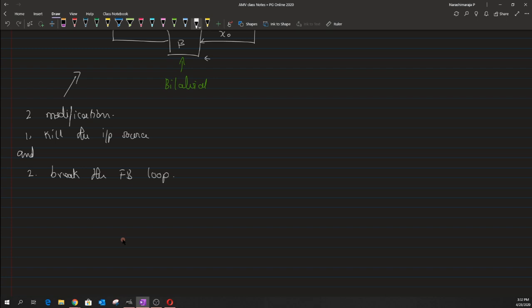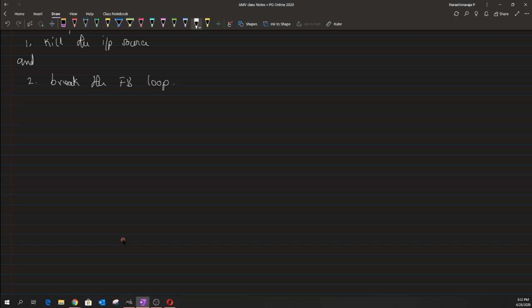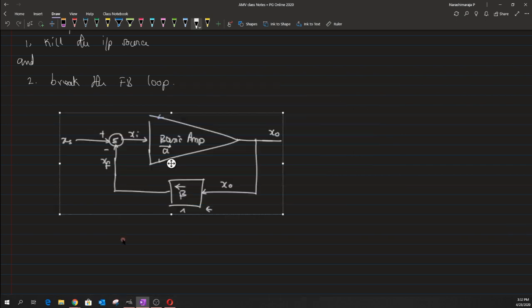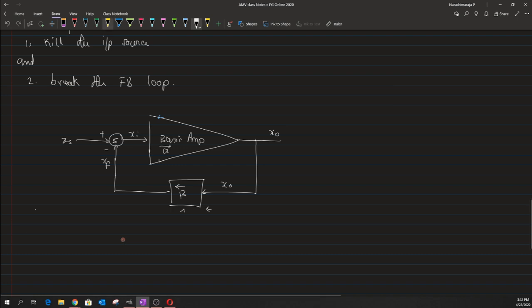What I mean here is, let me bring out the copy of the circuit that I have drawn and demonstrate what has been written at the top onto the circuit. Killing the input source is by making the signal Xs go to 0, so there is no signal through it. If Xs is a current source, you can kill it by open circuiting it.